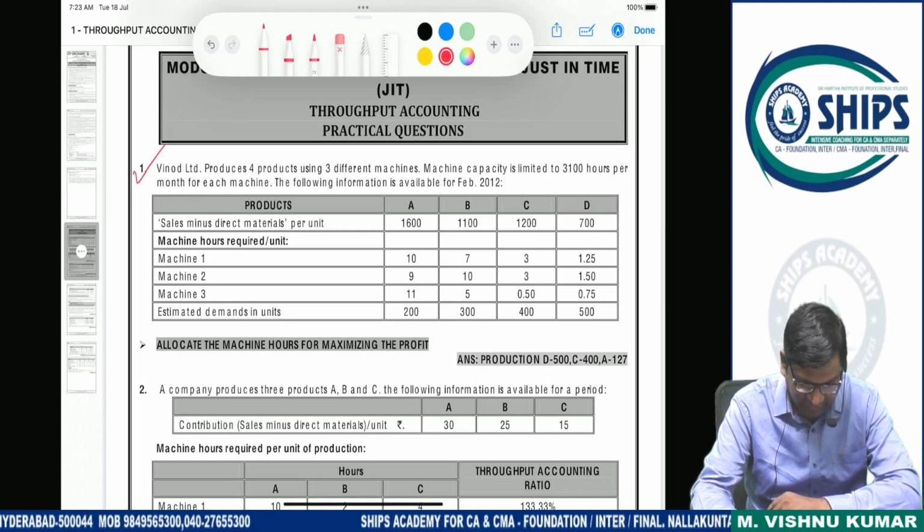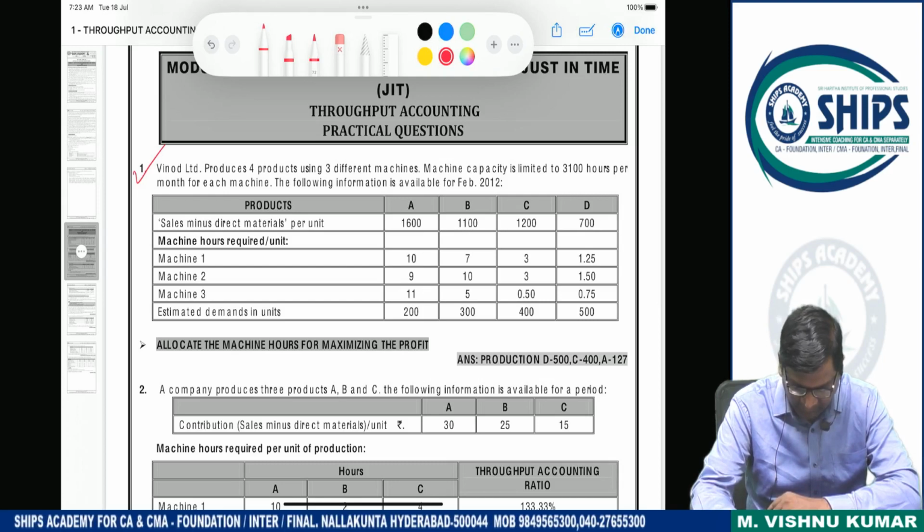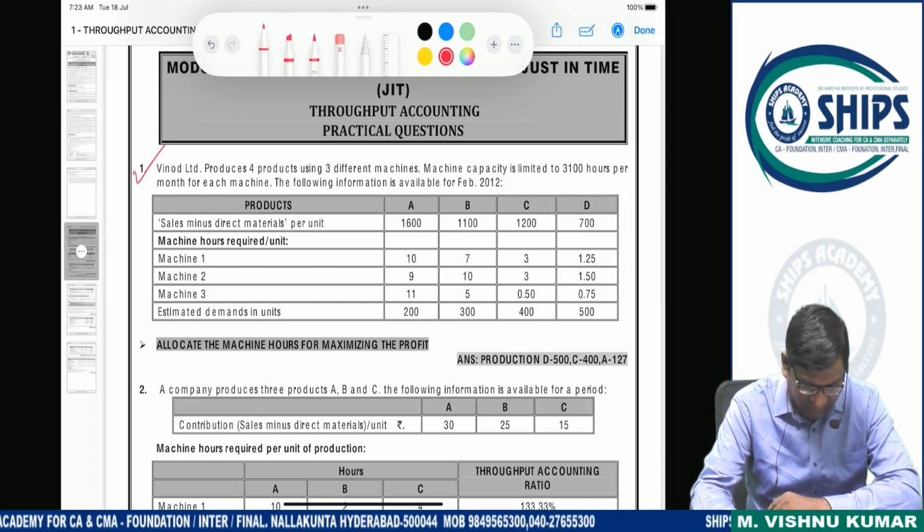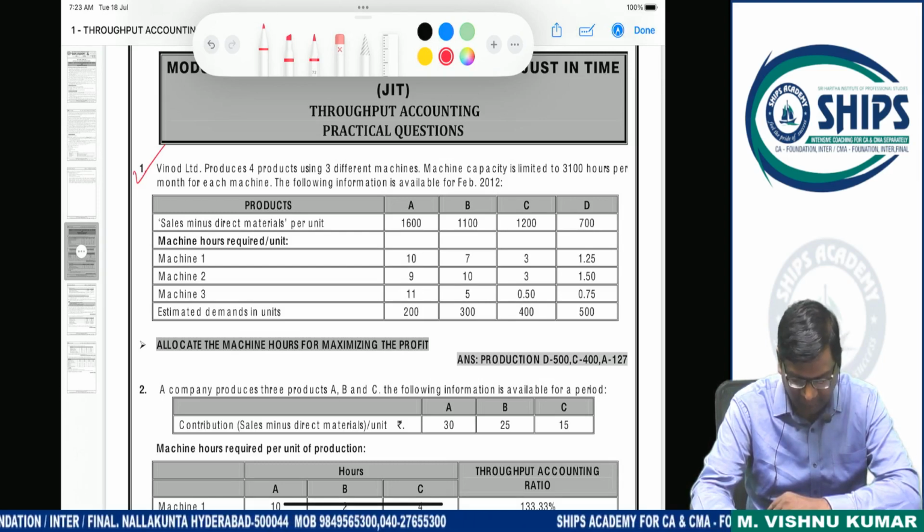Throughput contribution is given as 1600, 1100, 1200, 700. Machine hours required per unit for machines 1 to 3 are 10, 7, 3, 1.25; 9, 10, 3, 1.5; 11, 5, 0.5, 0.75. Estimated demand is 200, 300, 400, 500. Allocate the machine hours for maximizing the profit.